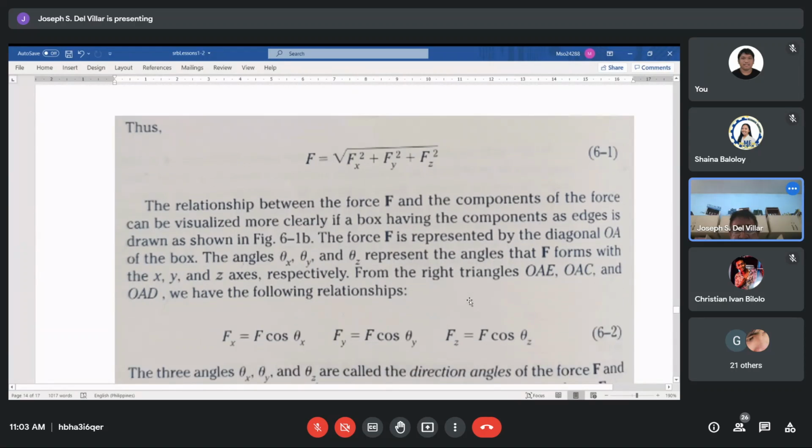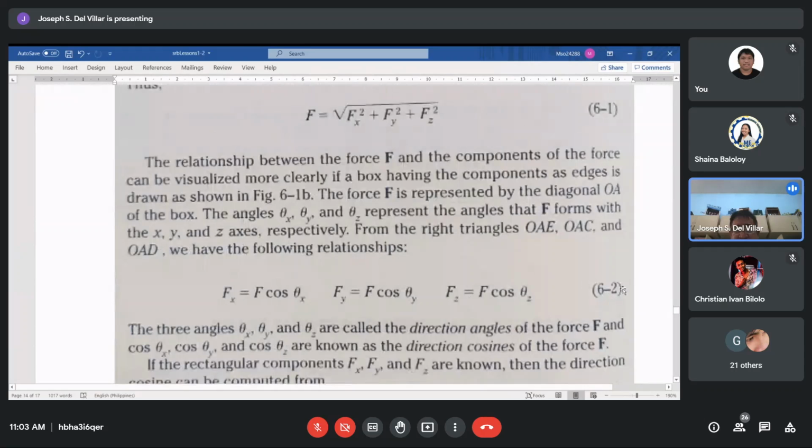Okay? Now this equation 6-2, so you should also memorize this, and this one, 6-1, 6-2 are two important equations that you must be familiarized with.